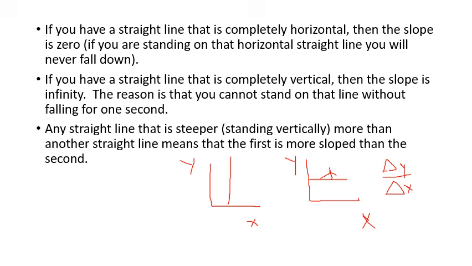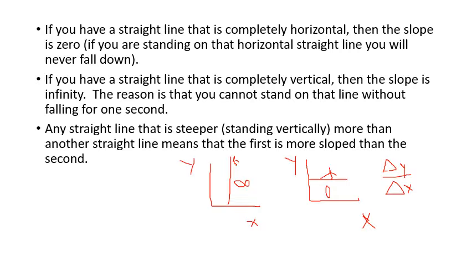Now I want to know the slope of that line. Imagine you are standing here on the top. Do you think you can stand, or are you going to drop immediately? The answer is you're going to drop immediately. Do you know why? Because it is very, very steeply sloped. That's why we say here the slope is infinity. Here the slope is 0.